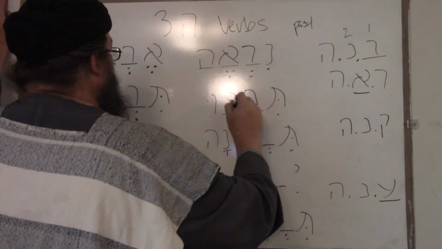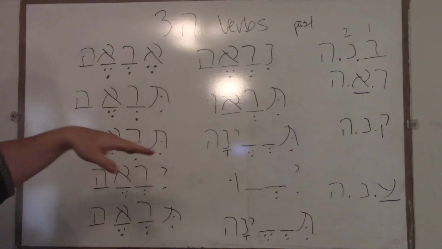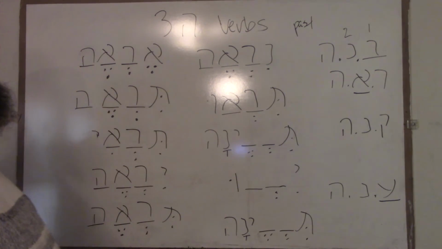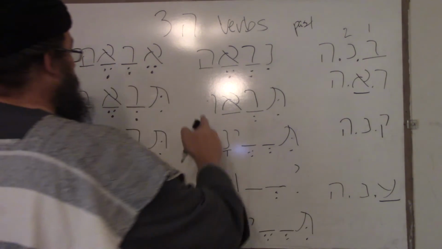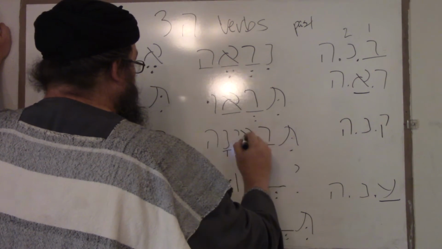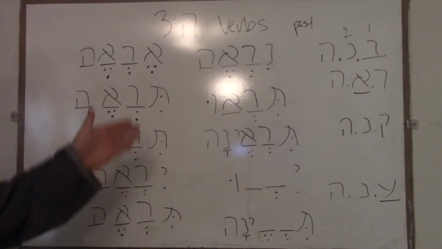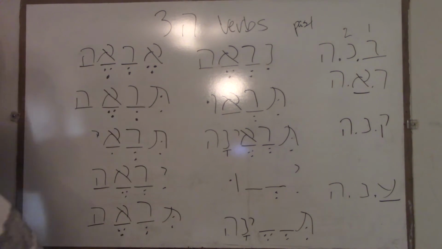And of course here in the plural form for you, tiru, you plural will see. Notice the hey has disappeared and the vav is the only indicator we have here. And then of course we have tirena, you will see, this is feminine plural.